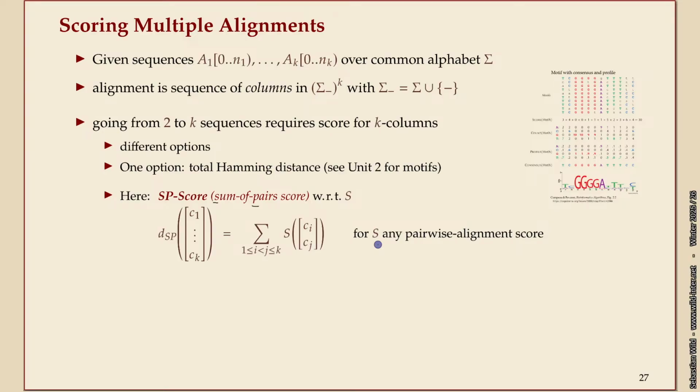So the main benefit of this SP score is you can use whatever fancy pairwise alignment score you've worked out to be useful, and you could lift it to a multiple sequence alignment. Okay? So again, the total score for one alignment, you would have to sum this over all the columns. That's the same as before. It was always additive.